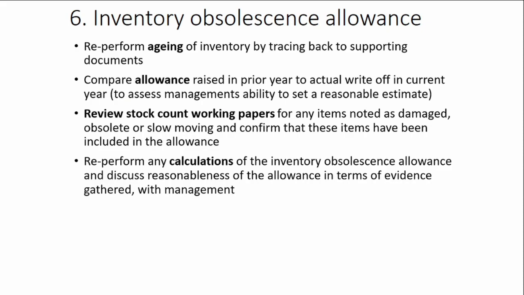So how old is our inventory and is it being sold? We want to look at what a reasonable estimate is, what our stock count sheets tell us about any damaged or obsolete stock, and we also want to reperform the actual calculation that management prepares. So remember, management is preparing a calculation in the form of an Excel spreadsheet where they determine this amount.